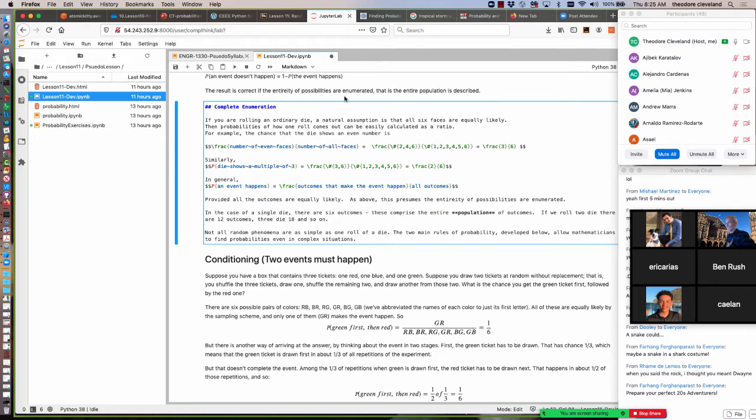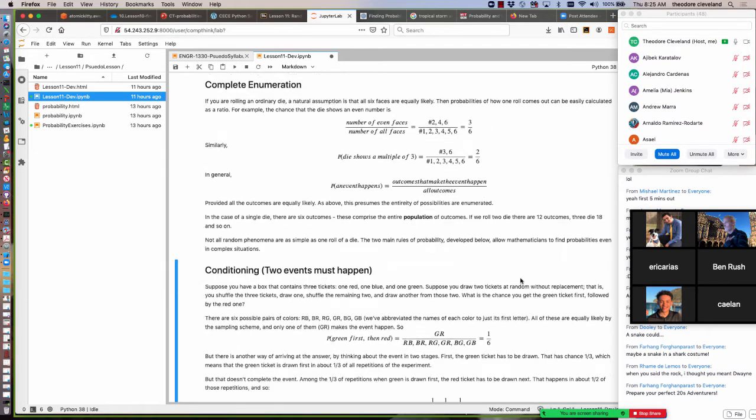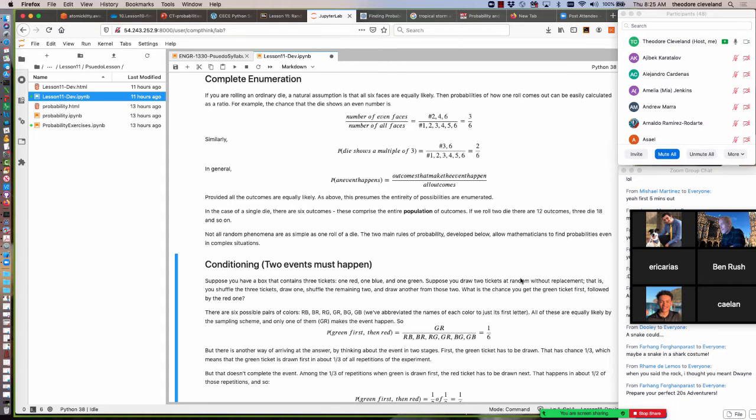Won't be perfect, but it's going to look better. There we go. And I'll have to go back and put the white spaces back in. So in general, the probability of an event success is all the things that would define success over all possible outcomes. And in these examples, this is provided that all outcomes are equally likely.